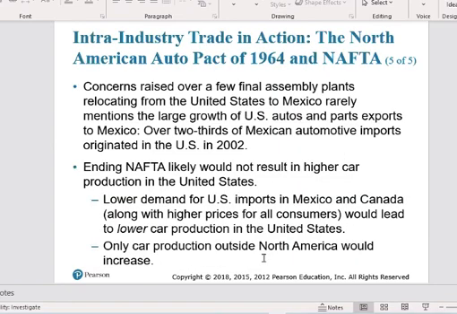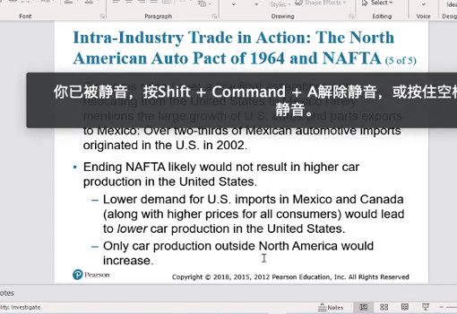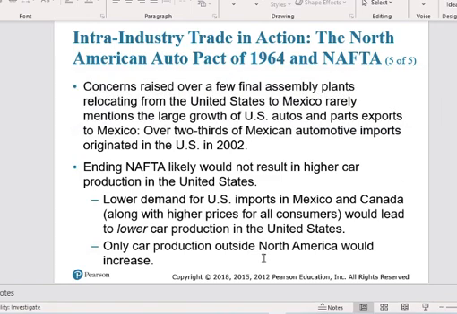The concern raised over the few final assembly plants relocating from the US to Mexico rarely mentions the large growth of US autos and parts exported to Mexico. Over two-thirds of Mexican automobile imports originated in the US in 2002. So it's not like ending NAFTA will likely result in any higher car production in the US.